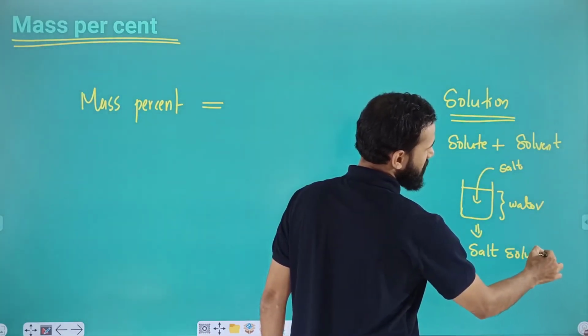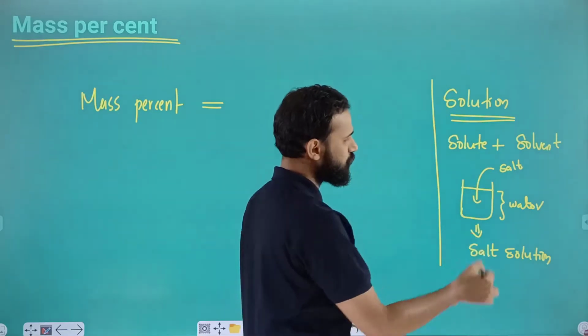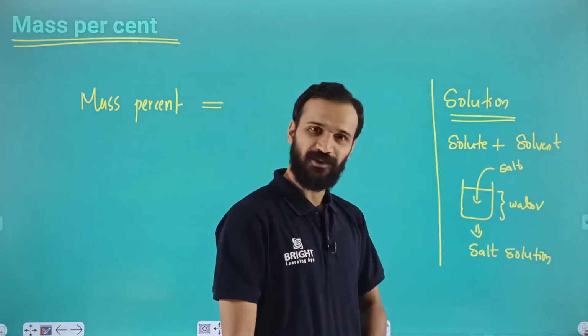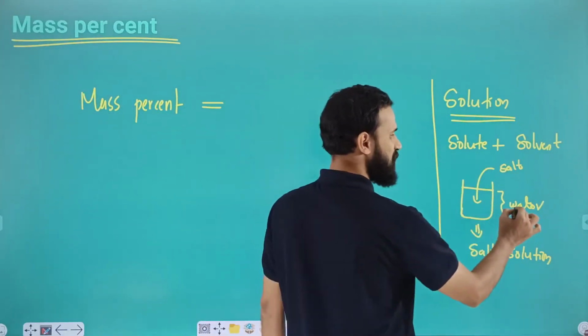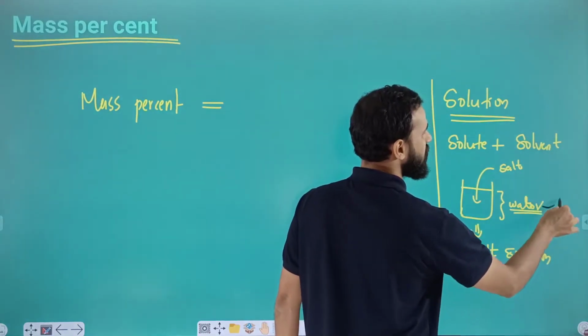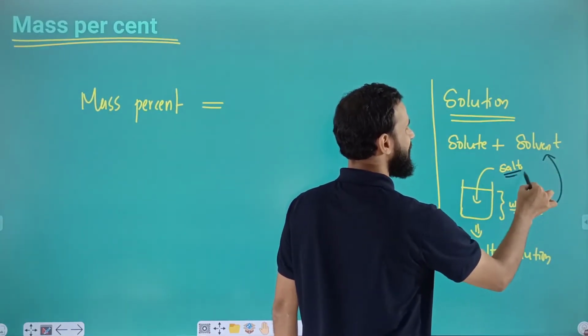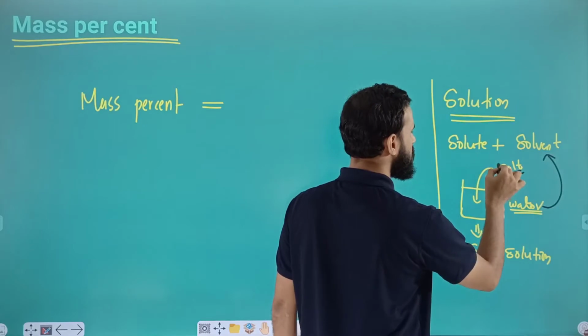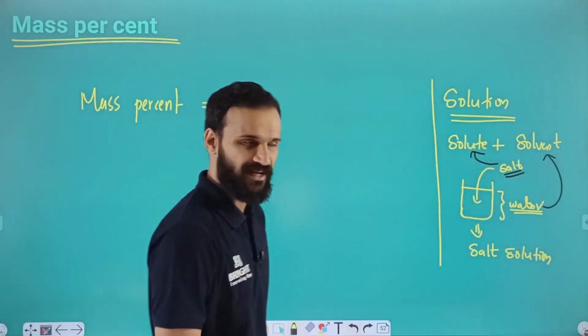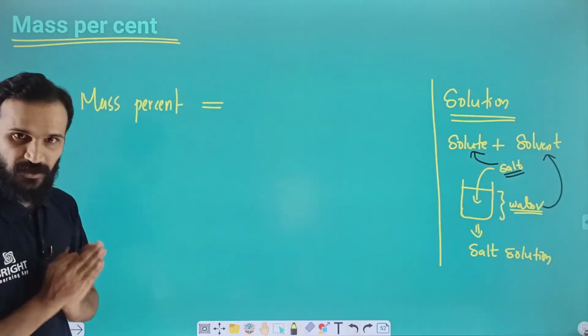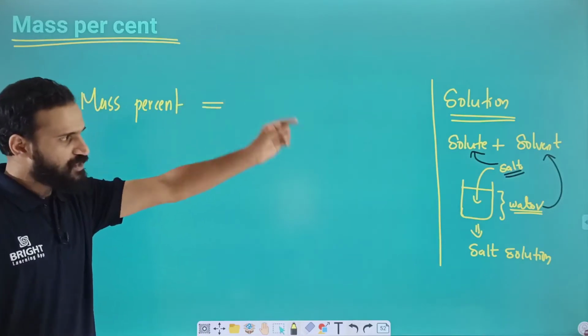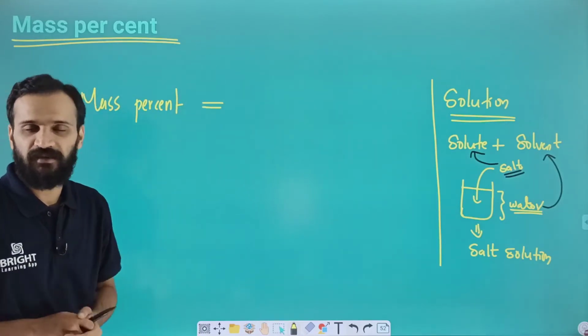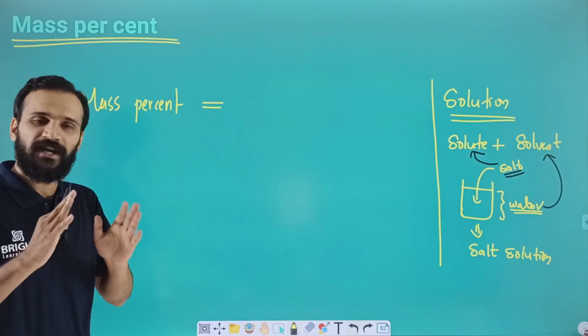So let me ask a simple question: which is the solute and solvent present in the salt solution? No doubt the excess amount is water, so water will be the solvent, and salt is the little amount, so that will be the solute. If you are taking a solution, there will be at least two components, one solute and the second solvent. Then we will get a solution.